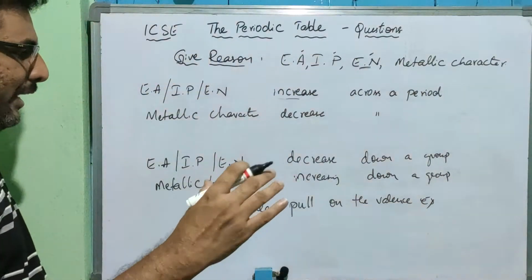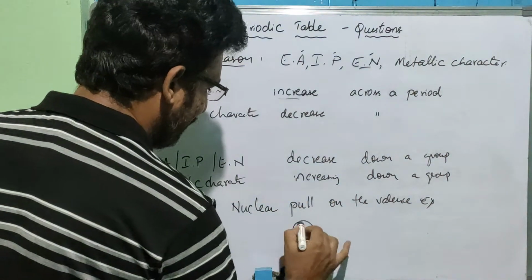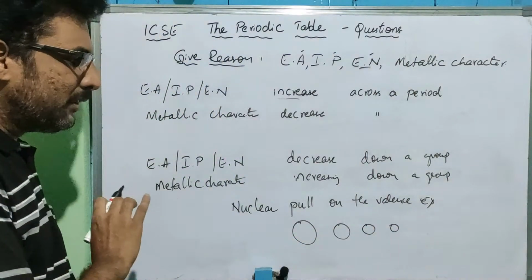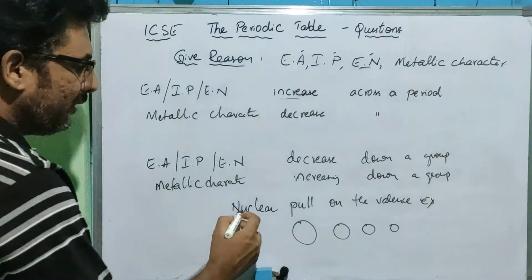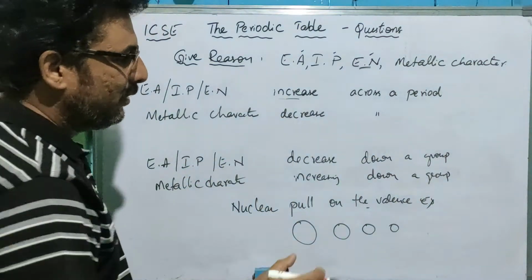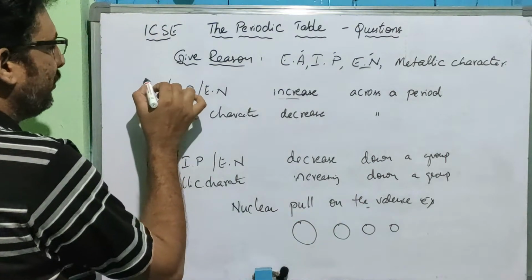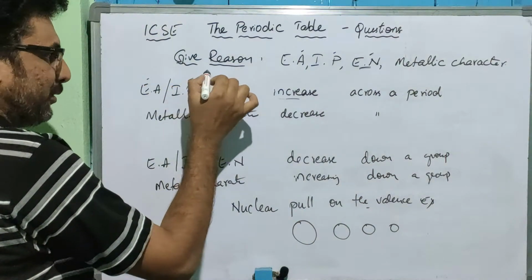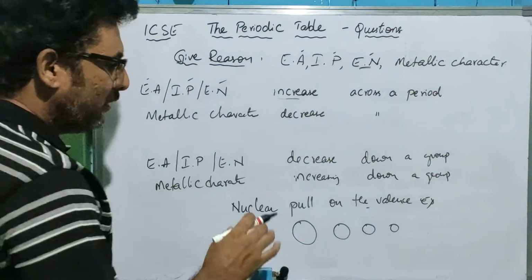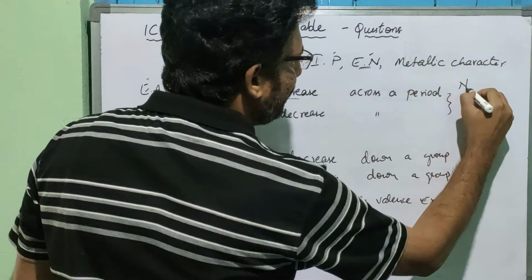As you know, as you move from left to right, the atomic size will be decreasing. When the atomic size decreases across a period, the nuclear pull on the valence electrons increases. Because of the increase in this nuclear pull, the values of electron affinity, ionization potential, and electronegativity will also increase. So what is the reason for this?